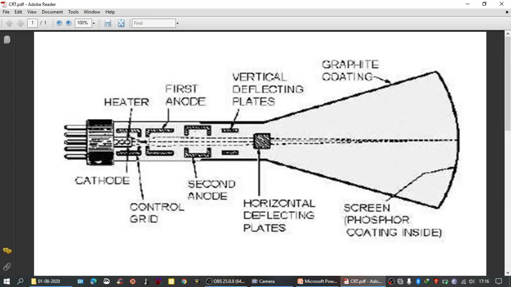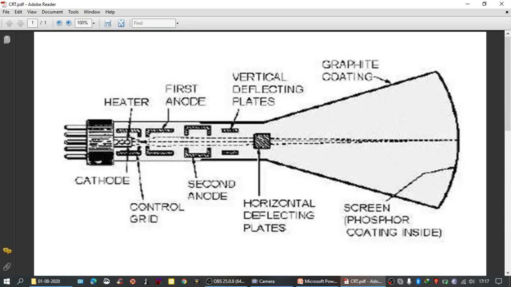Now, the second anode is also called as accelerating anode, which also is provided with high positive potential, and because of this high positive potential also electron beam is further accelerated to still higher kinetic energies, and then that highly accelerated electron beam is made to pass through a set of deflection plates.